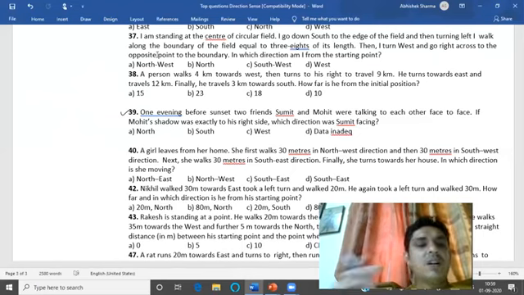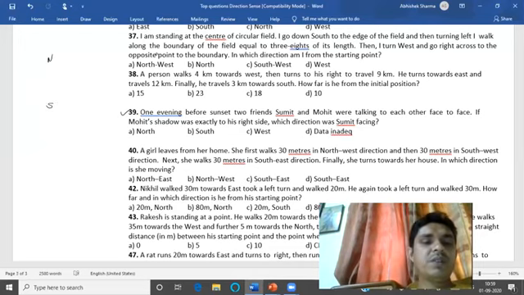So, if we are talking about sunset, so normally the sun rises from the north, and at the time of sunset, the sun will be setting towards south, right?